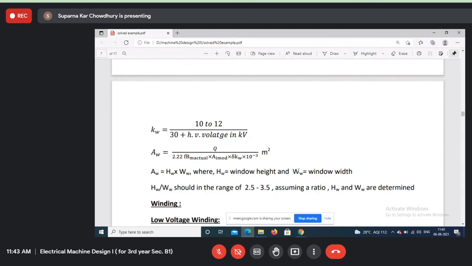So for the books, design book, we have a book by A.K. Shahani. This is the electrical machine design book. This is handy because you will require it for other designs also, induction motor and DC machine also. Everything is there. If you can manage a copy, it will be helpful. And this file I will send you.